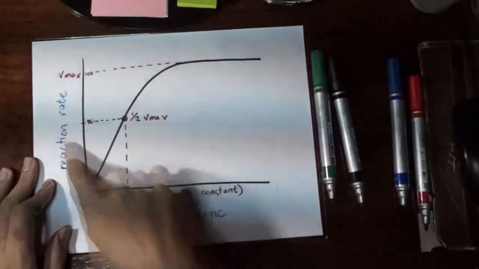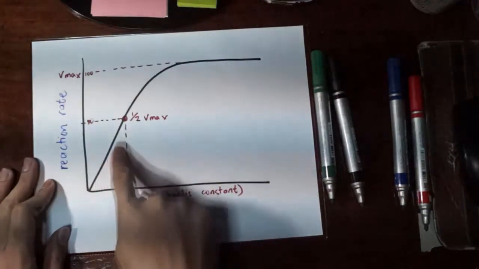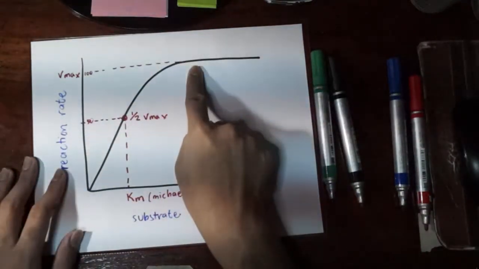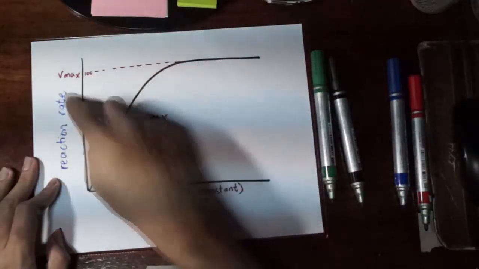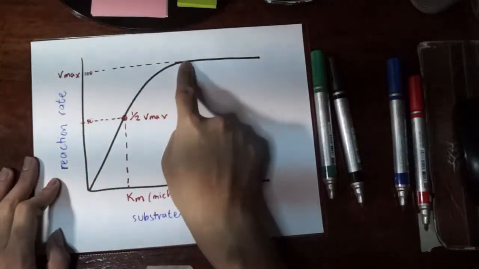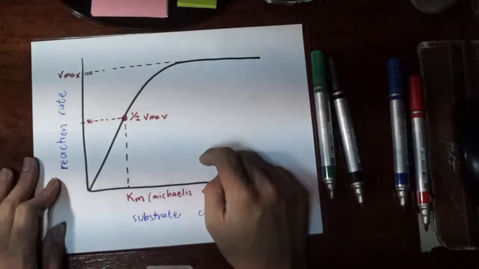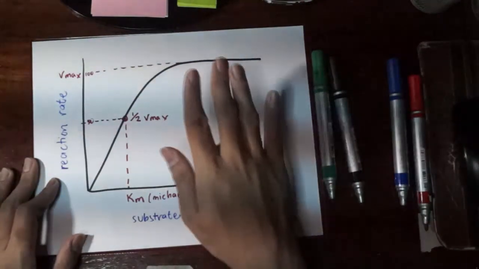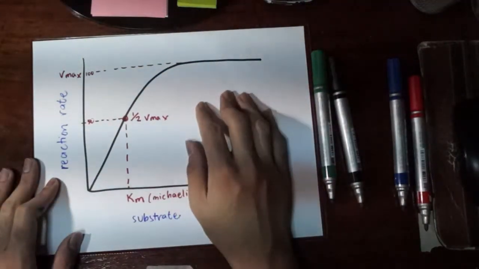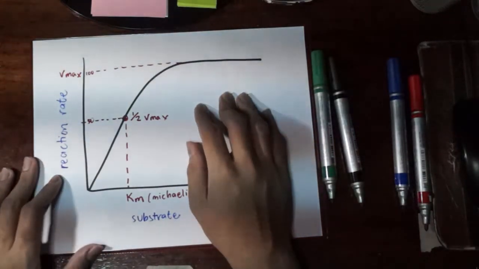The reaction rate here goes up until we reach the point of saturation, and the rate that we achieve when it is saturated is called the Vmax, or the maximum velocity, because obviously that is the highest rate that you could achieve given that all the enzymes are already occupied.